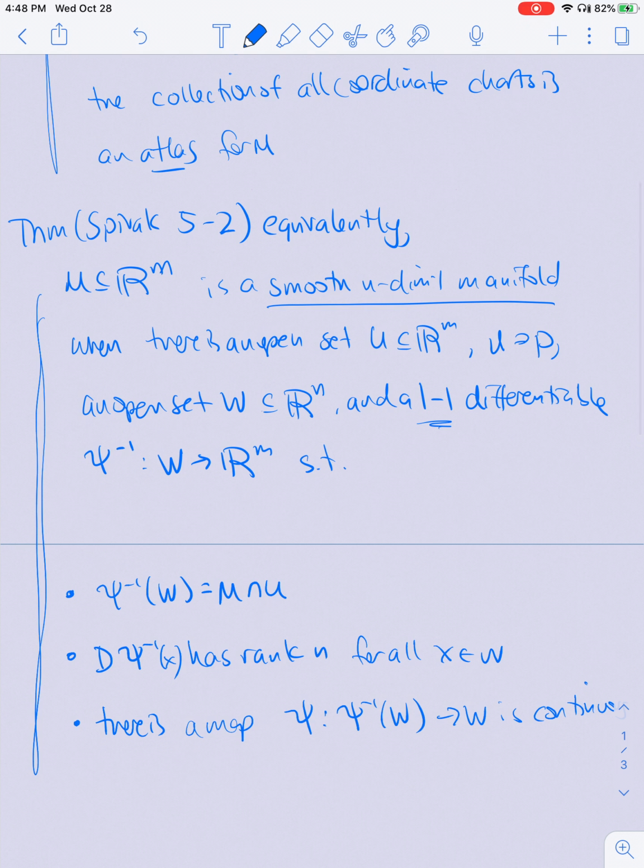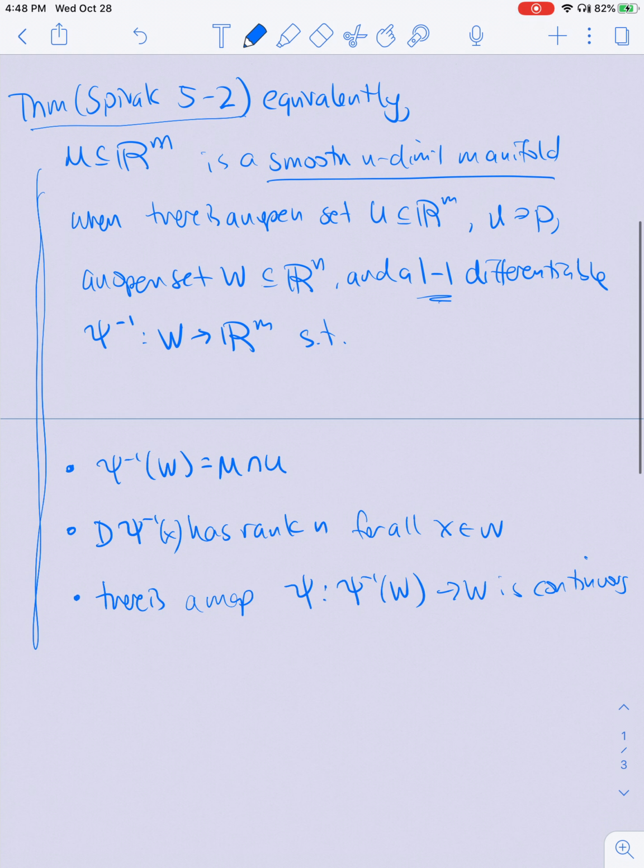To go the opposite direction, you should take a look at Spivak. We're not going to get into the details of this proof, but essentially, you can also characterize manifolds by parameterizations of the coordinate charts.